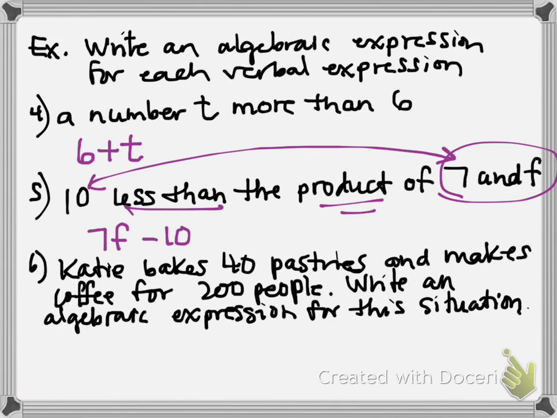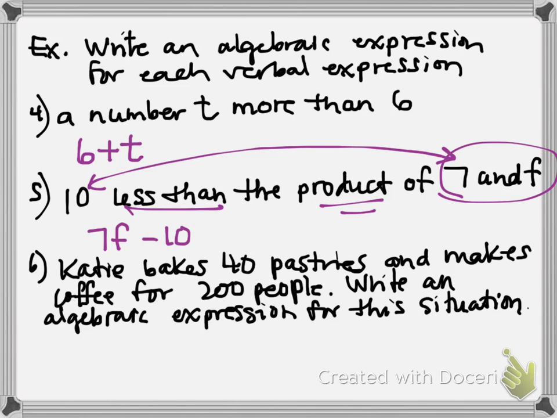Are you subtracting pastries and coffee? Are you multiplying pastries and coffee? Are you dividing pastries and coffee? Are you adding pastries and coffee? Yeah, we're doing two different tasks, and we're putting it together. Okay? Now, what is missing that we need in order to write an algebraic expression? We've got a couple things that are missing. Okay? Joey?